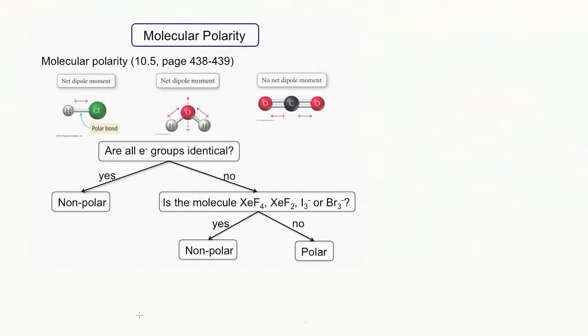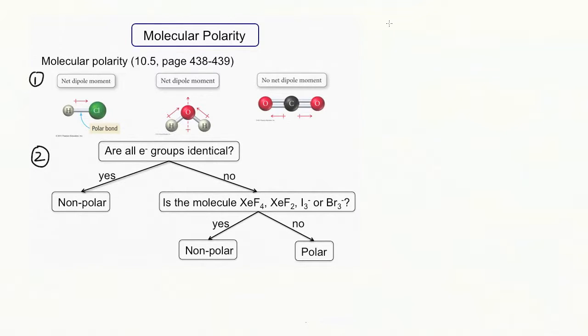And the second, let me write it here. So this is the first one, the vector addition. The second way to identify molecular polarity is following the flow chart here. Let me use these 3 examples to demonstrate how we do the vector addition.